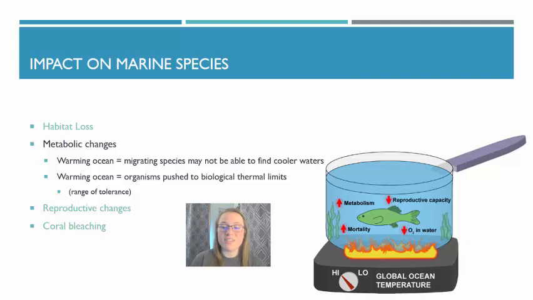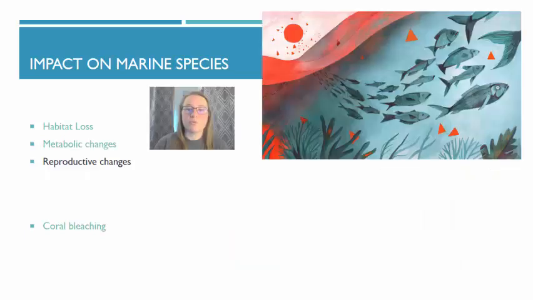Again, warm water holds less oxygen, and this can also reduce the life expectancy of these species, so an increase in mortality, and we're also going to see declines in reproduction. So our reproductive changes: when you have thermal stress, the organism is weakened, so you have less reproduction.